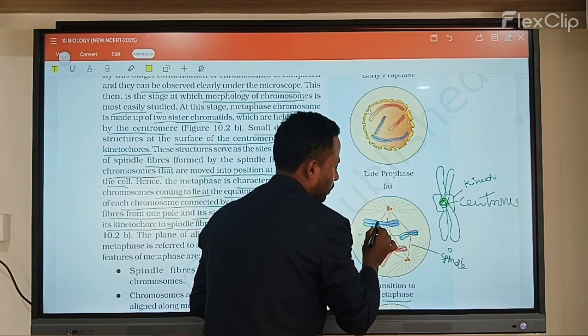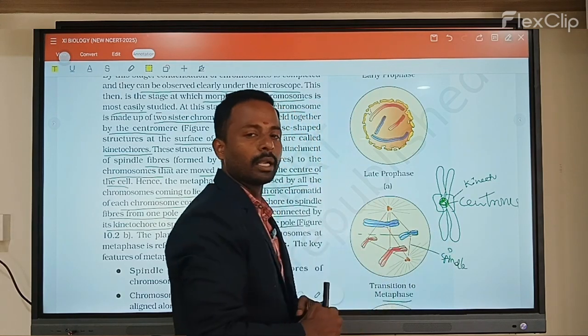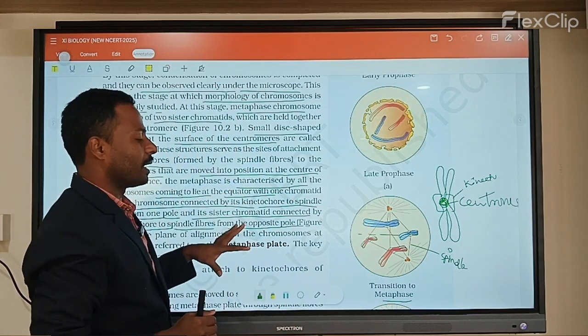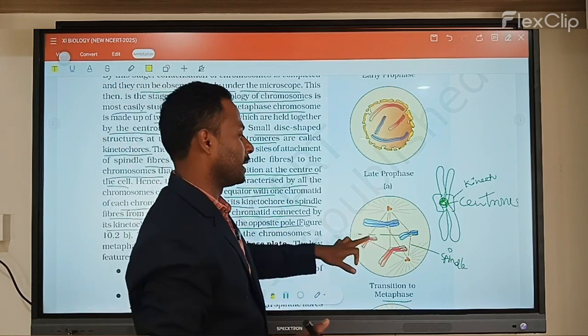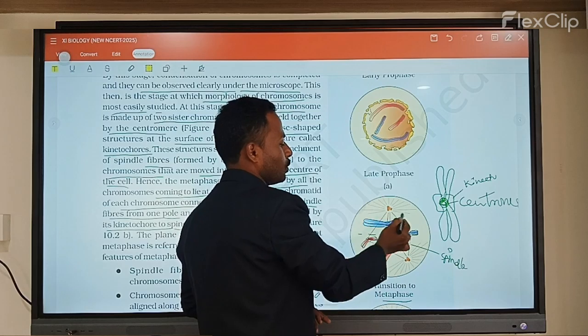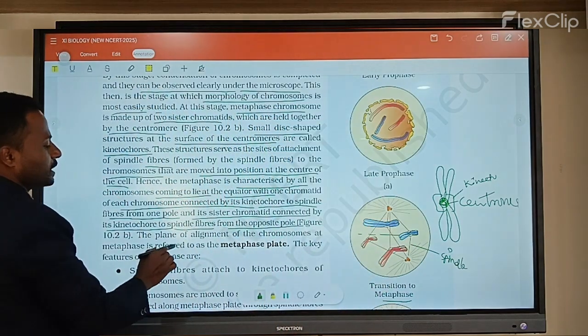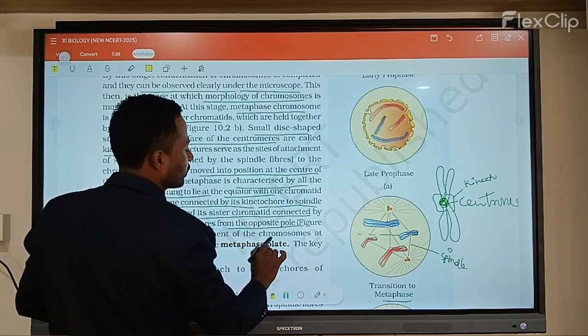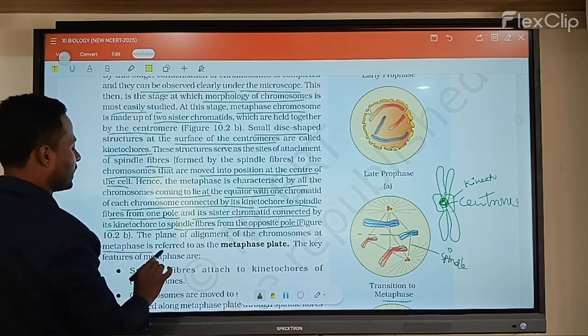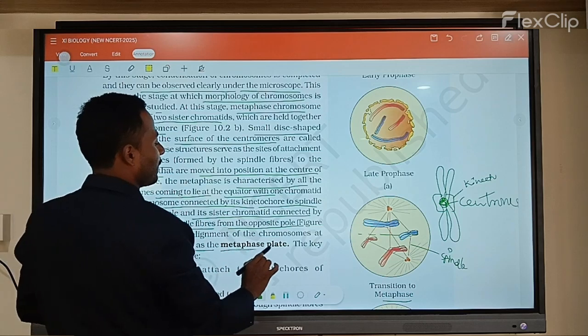You see the sister chromatids on the equatorial plate only in metaphase. This alignment of the chromosomes at the equator is reflected as the metaphase stage.